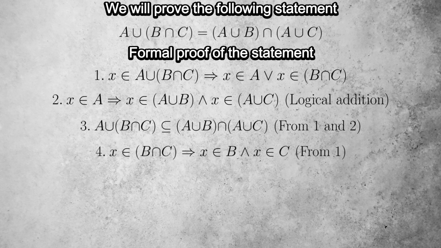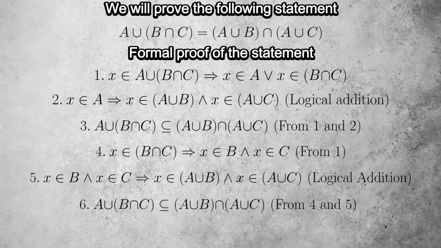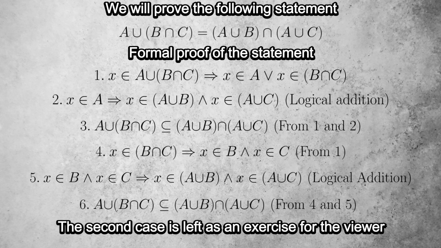Now, the second case states that if X is an element in the intersection between B and C, then by definition we have that X is an element in B and X is an element in C. Therefore, again, by logical addition, we know that X is an element in the union between A and B and the union between A and C, because in both cases, X is at least in B or in C. Hence, X is an element in the intersection between the union of A and B and the union between A and C. And therefore, the distributive law of the union with respect to the intersection is true.